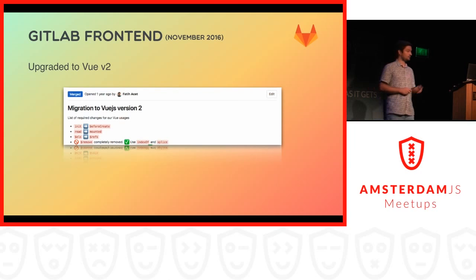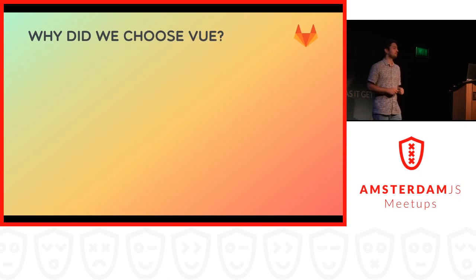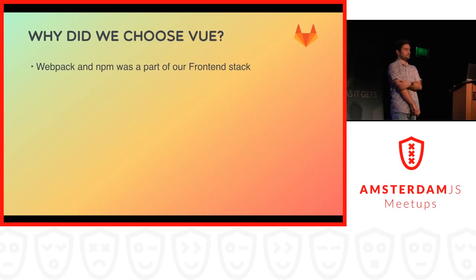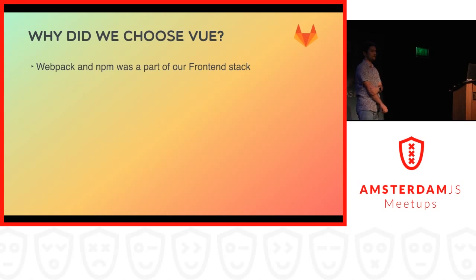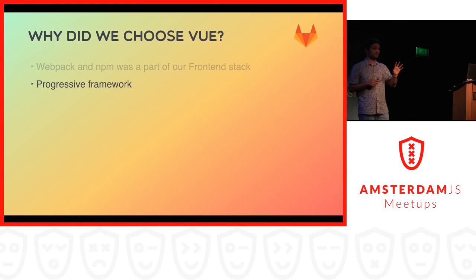to Vue version 2. Okay, so the question is, why did we choose Vue? As you can see from the timeline, we didn't have Webpack and NPM in our front-end stack. So we considered React or Angular, but they required much more tooling at that time. Vue is a progressive framework, which means that you can add Vue.min.js to your application and then you can basically use it.